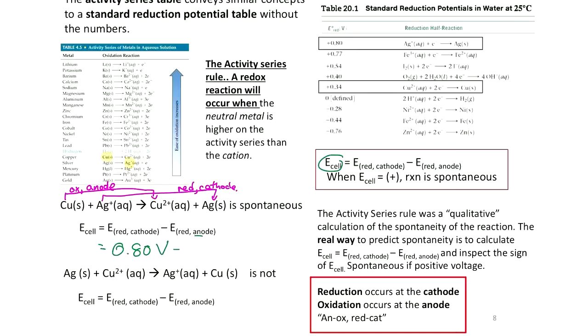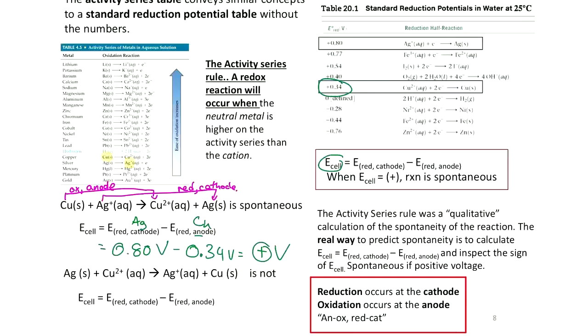The anode is copper, and the copper value is 0.34 volts. And so we get, yes, a positive voltage. So when you mix copper solid and silver plus, you get a positive voltage. That's why this reaction is spontaneous.